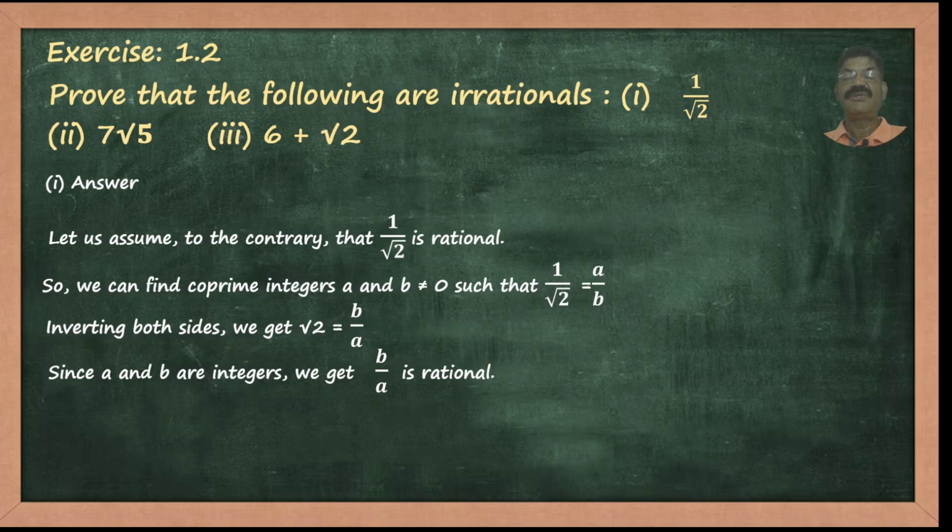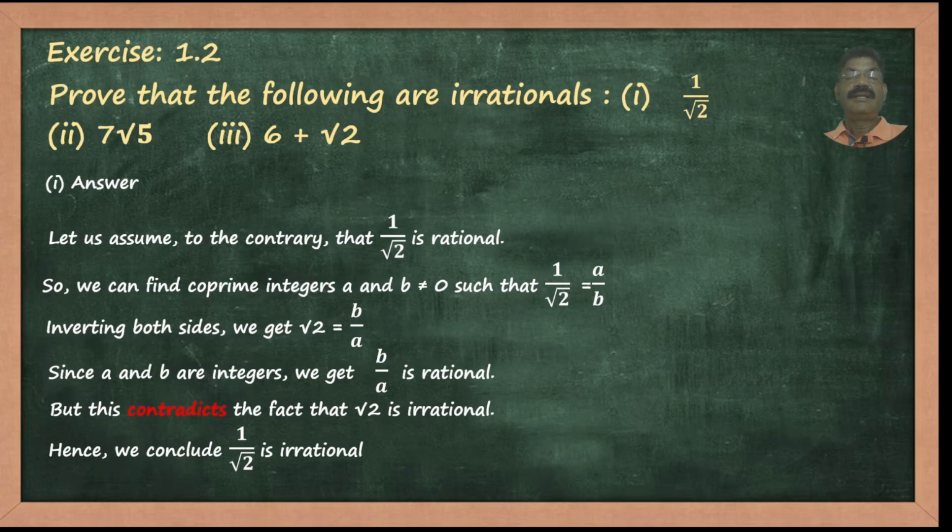Because if a is equal to 0, we will get 1 by root 2 is equal to 0. Therefore, a is not equal to 0. So, b by a is a rational number. This means root 2 is a rational number, which is a contradiction to the fact that root 2 is irrational. Therefore, we conclude that 1 by root 2 is irrational.